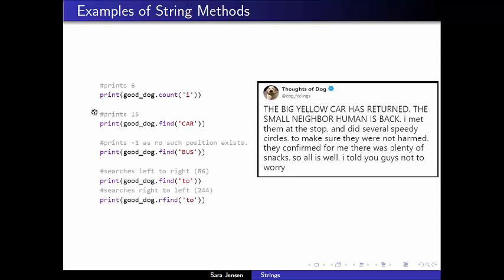Another thing I might want to do is find the occurrences of a specific word. So if I call the find method on the string good dog, and I pass in the argument car, what's going to happen is we are going to search the good dog string until we find the first substring car.